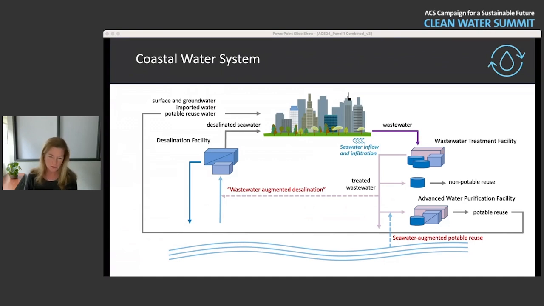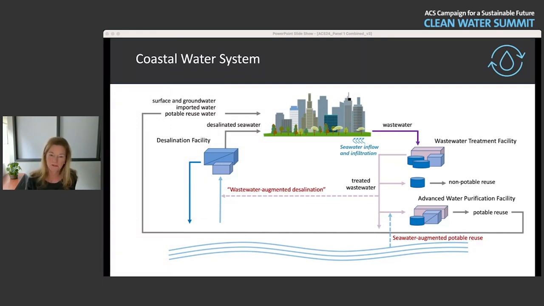And I should note, when we're looking at this slide, right now we do use the treated wastewater to dilute the brine. So our systems are already integrated. The treated wastewater can dilute that desalination brine so that discharge is easier.